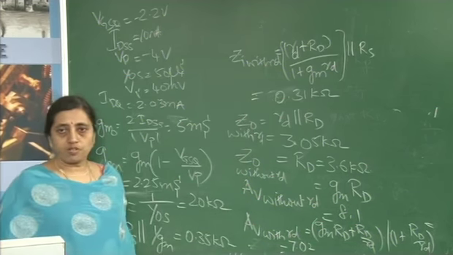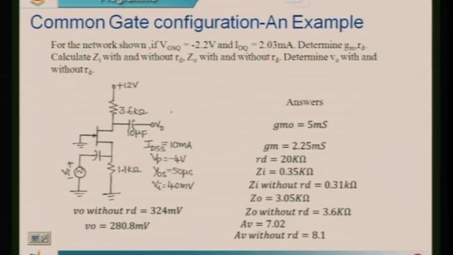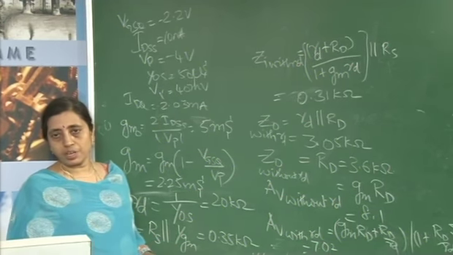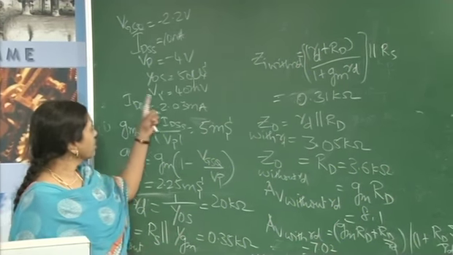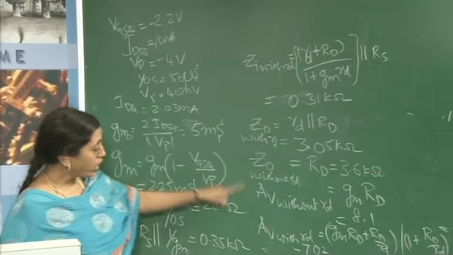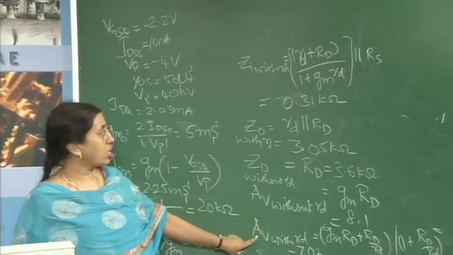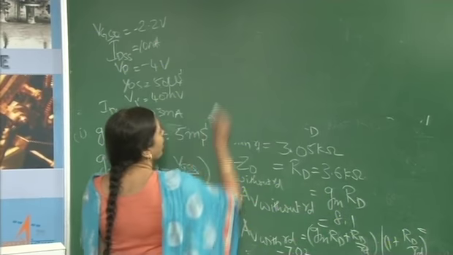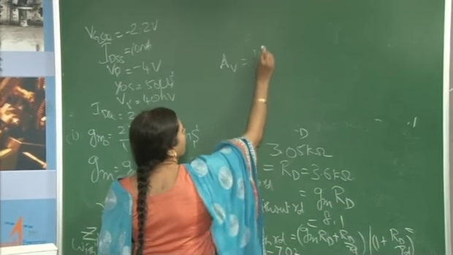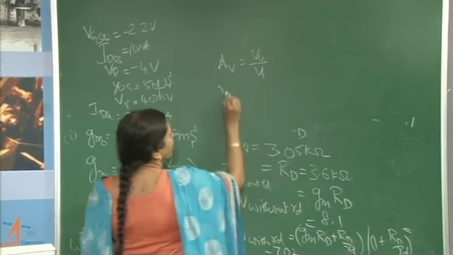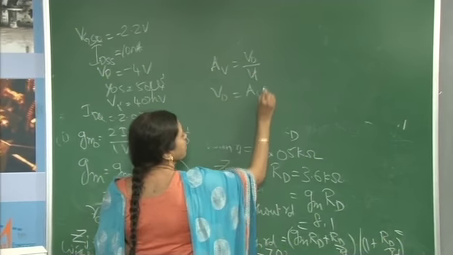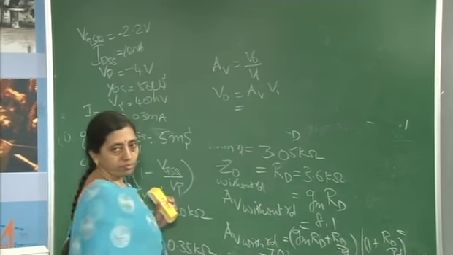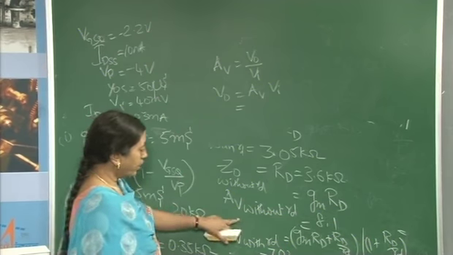Now, the last part of the problem is it is required to determine V naught with and without rd. Determination of V naught is very simple because the value of Vi is specified, and we have also calculated the voltage gain. From fundamentals we can write that Av is V naught by Vi, so V naught will be Av times Vi.